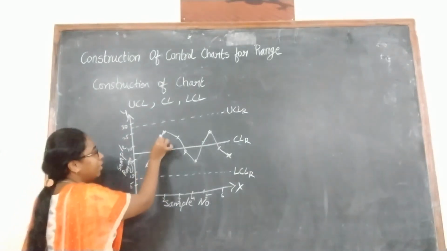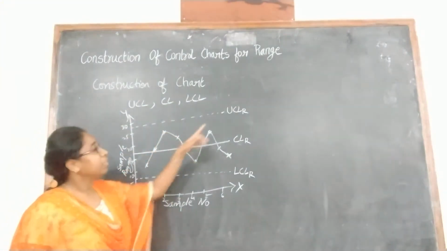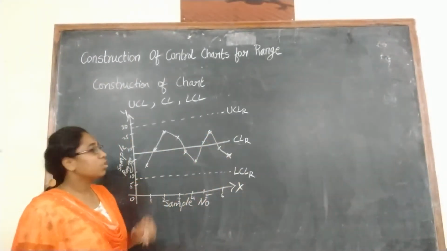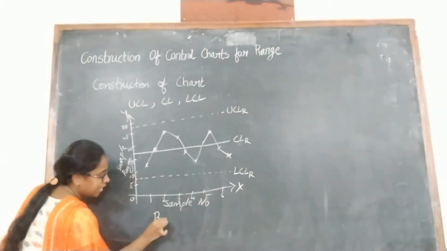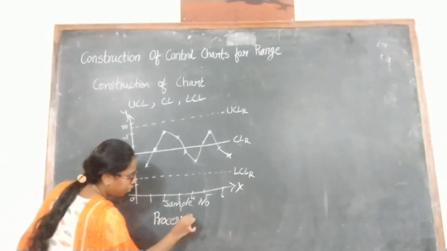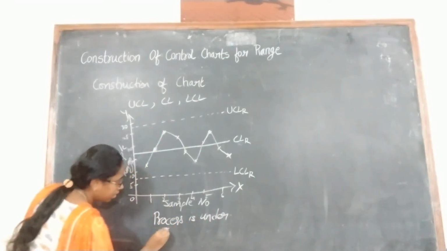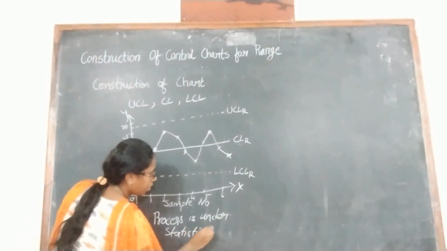All the sample range values are in between the UCL and LCL. So this process is said to be under statistical control.